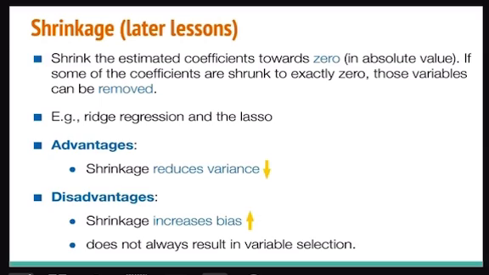Both are shrinkage techniques, but let me tell you the difference between the two. With ridge, we do not shrink the coefficients of unimportant variables exactly to zero, but it still retains them in the model, except that their p-value will be greater than 0.05. They will not be significant, but they are still going to be in the model.